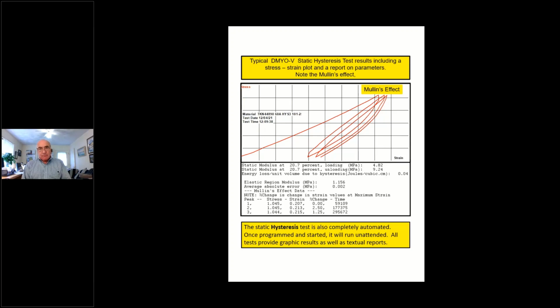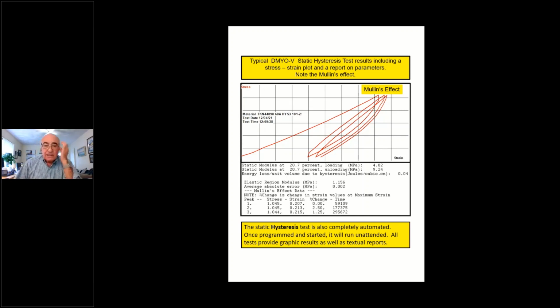And then it takes a measurement. It carries on, moves another increment, the same increment, and takes another measurement. And that's more of a static testing. As it does that, it can do as many cycles as you want.